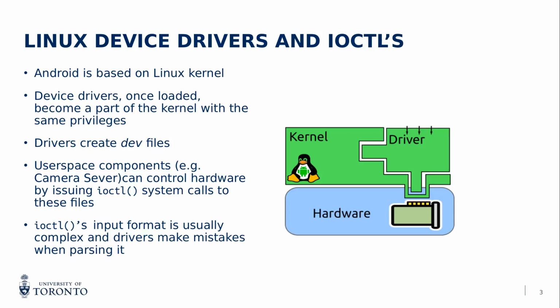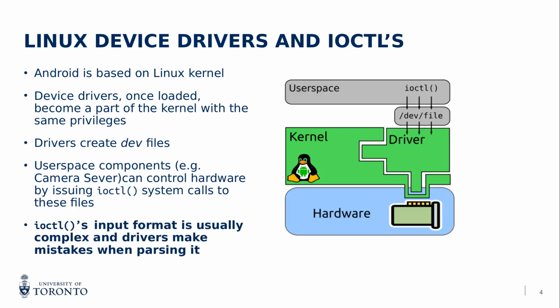Let me briefly recap a few things about Android. Android kernels are based on the Linux kernel, and in Linux, drivers, once loaded, become a part of the kernel with the same privileges, which means the compromised driver code compromises the whole kernel. In order for the user space to be able to control the peripheral, drivers create a special device file, using which a user space application can issue IOCTL system calls to send commands to the driver, which are then passed to the hardware device.